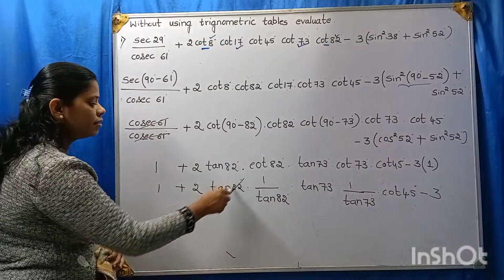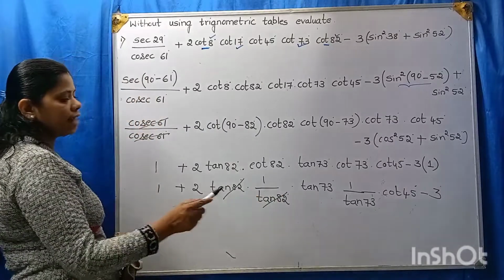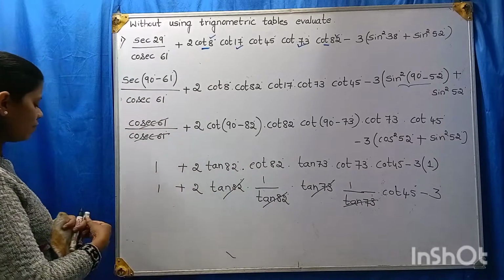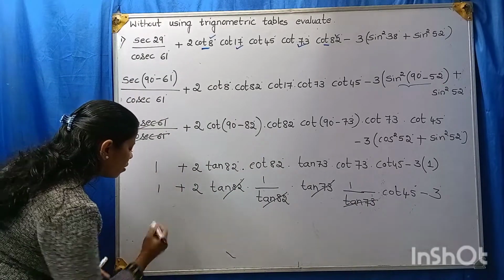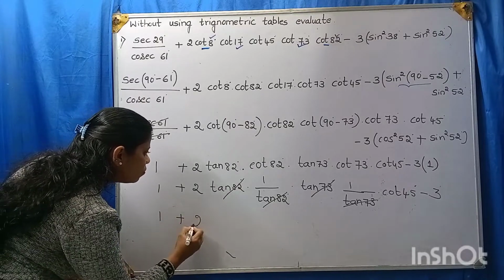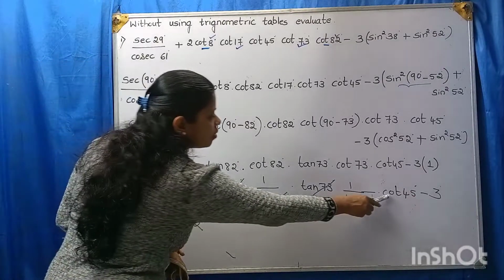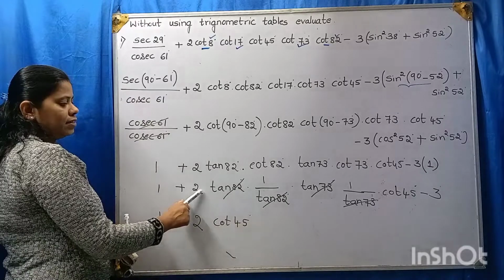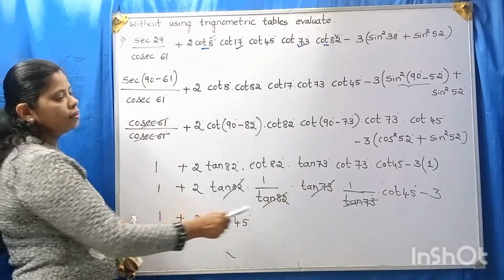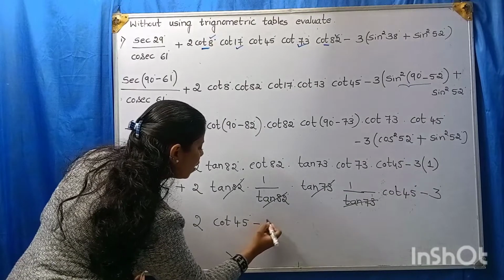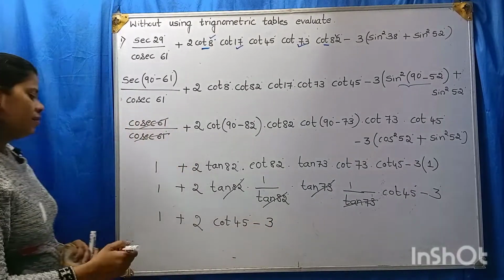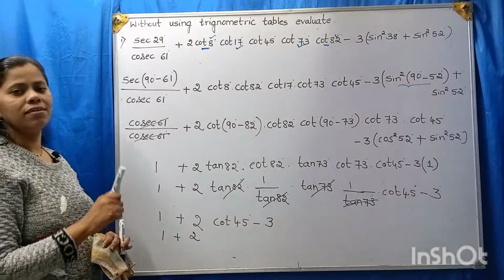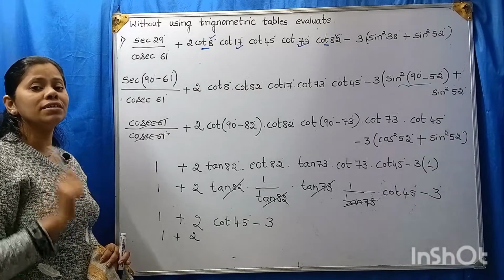Now see here, tan 82 degree cancels. Tan 73 degree cancels. What is left? 1 plus 2 into cot 45 degree. It is in multiplication, observe carefully. Minus 3. Now we have to use the trigonometric table.